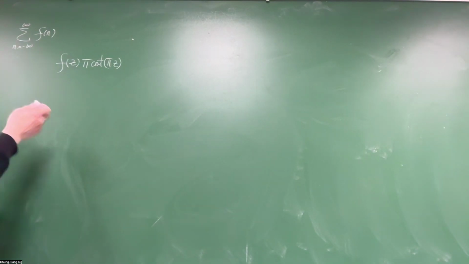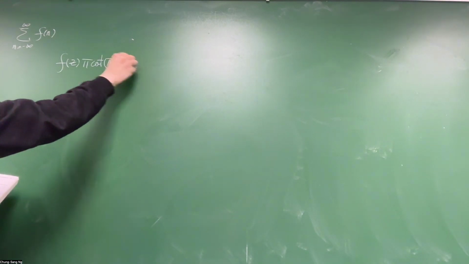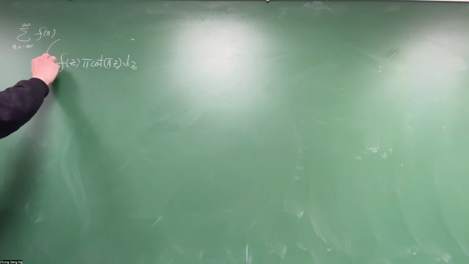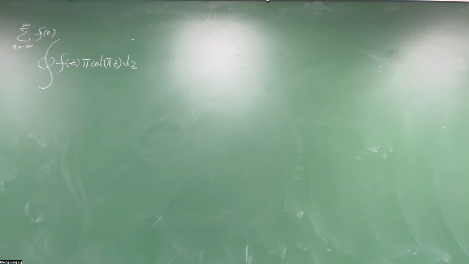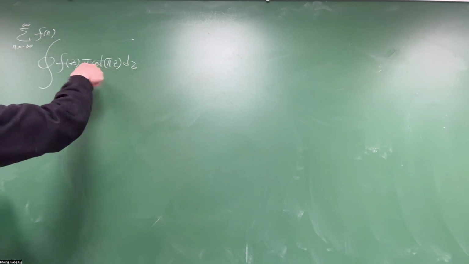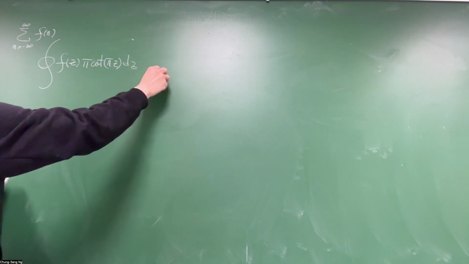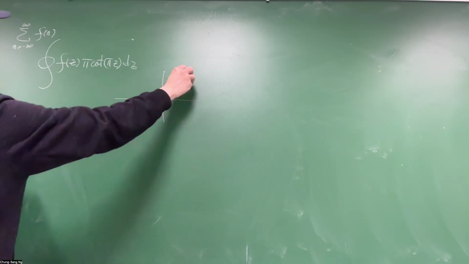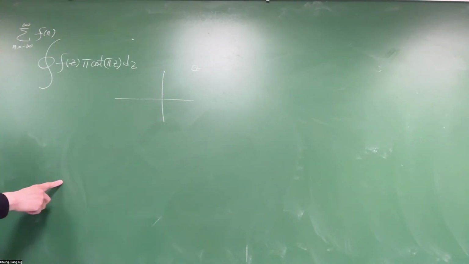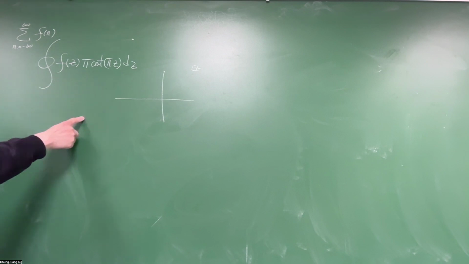Then we do a loop integral over a large circle. You draw the circle here in the complex plane, and you look at this integral.